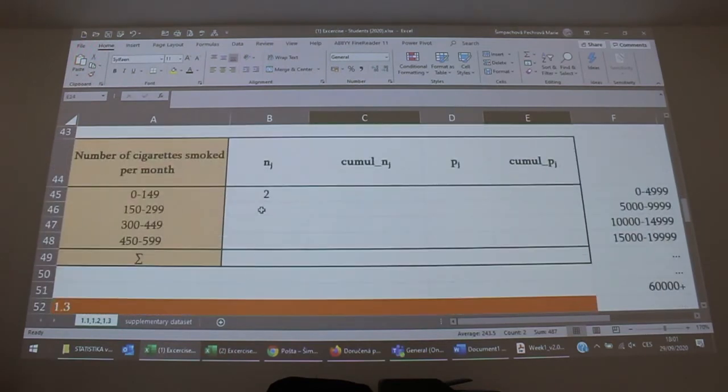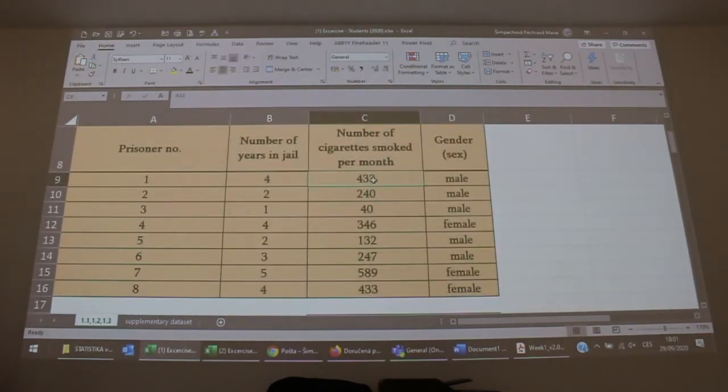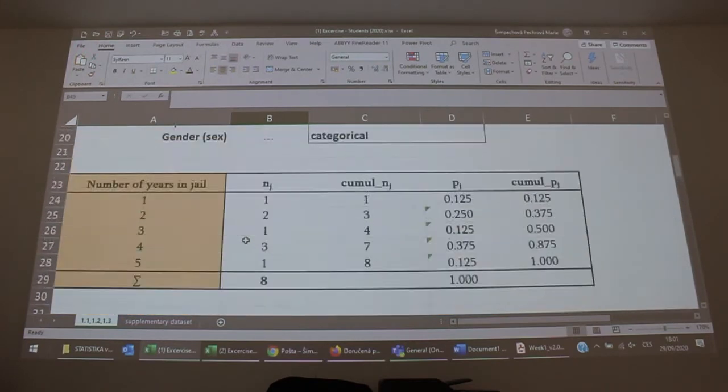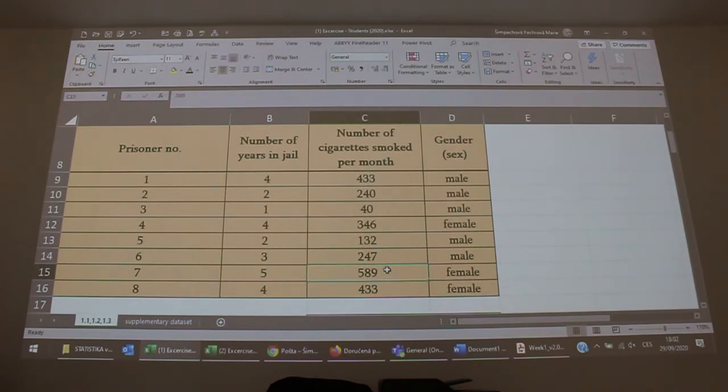From 300 to 449 we have 346, 433 and 433, so 3 times. And 1 time is a value in the interval 450 to 599, it's this one.